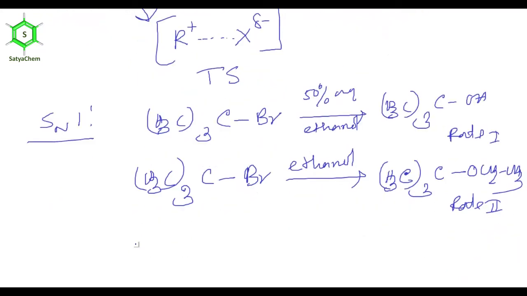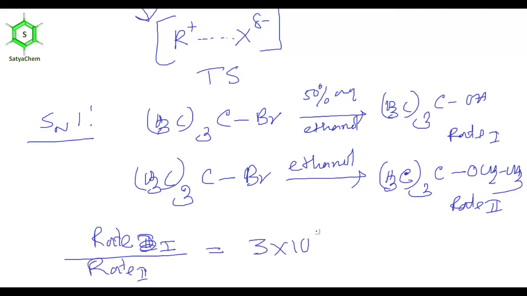It has been observed that rate 1 by rate 2 equals 3 into 10 to the power 4. So rate 1 is found to be 3 into 10 to the power 4 times faster in 50% aqueous ethanol than in ethanol alone.